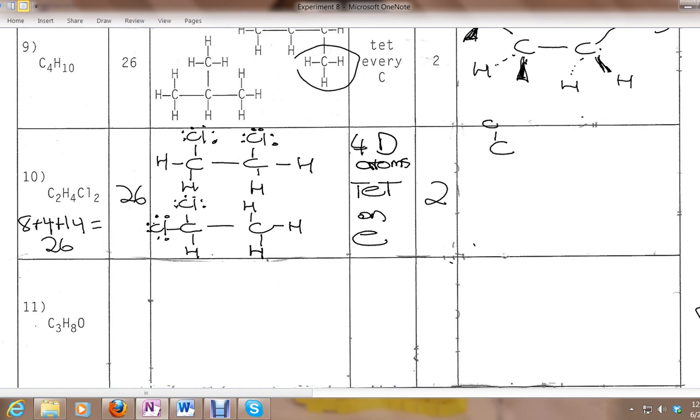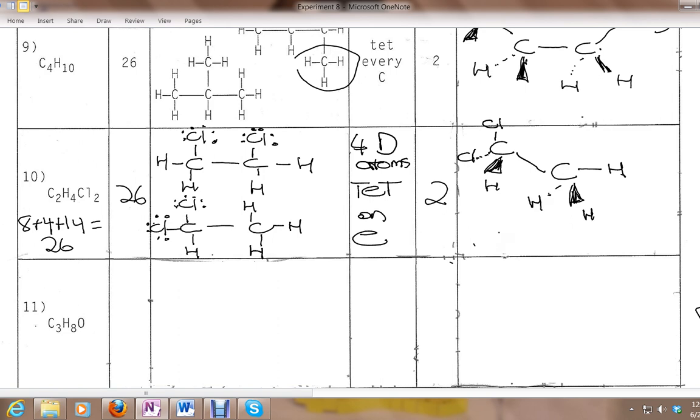Now let's do again the drawing for both isomers. So it's going to be chlorine here, and let's put a hydrogen here and the chlorine here. This is the one on the bottom, this isomer. Here you got the hydrogen, and you're going to have another hydrogen here, and here the hydrogen.